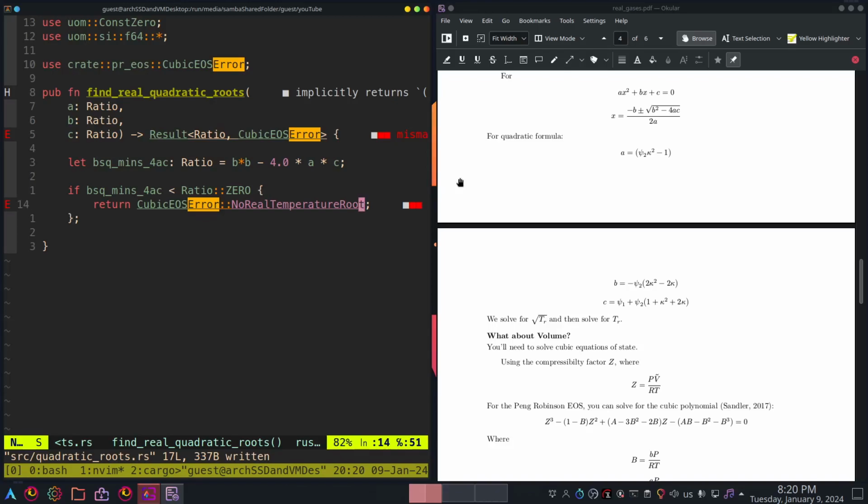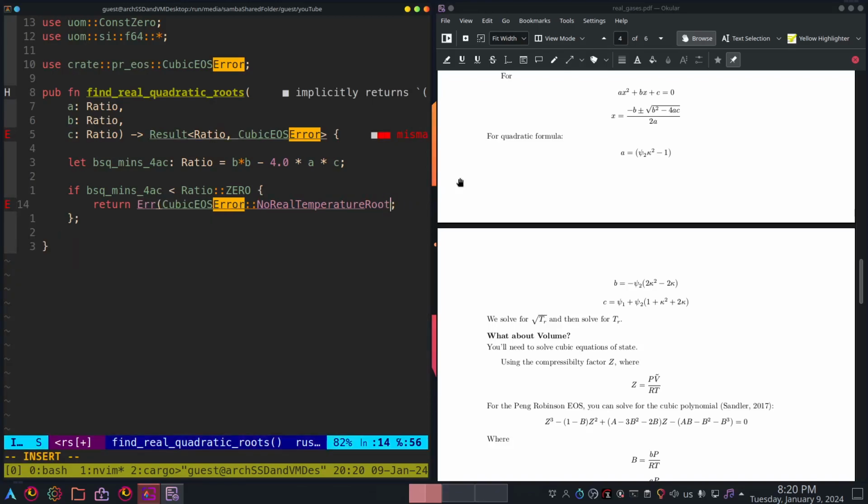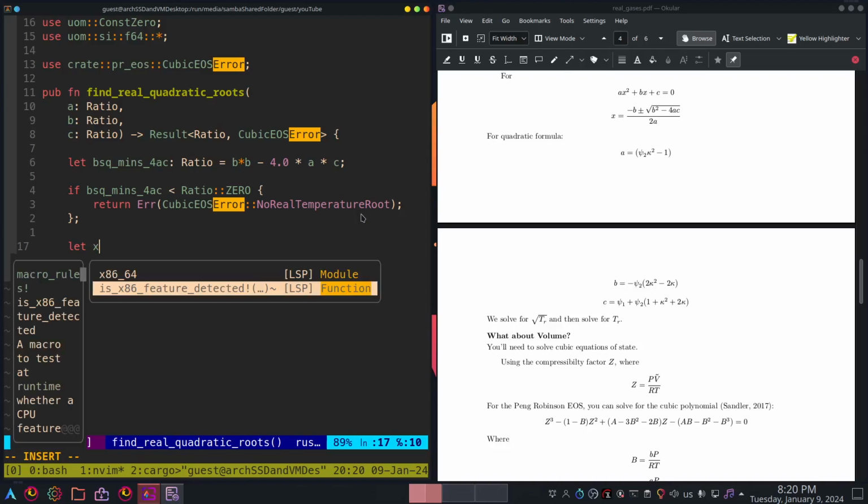I'm going to put an error right here in the result. Otherwise, I will return the ratio: minus b plus minus square root b squared minus 4ac. So let x1.